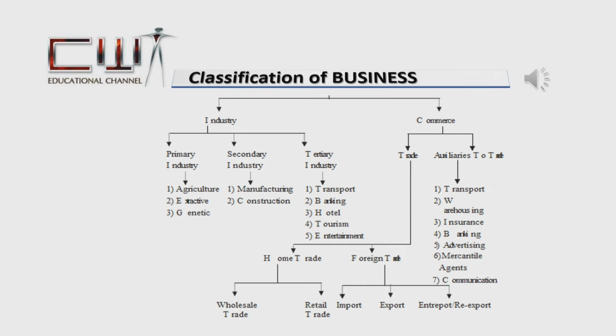The term industry also means a group of firms producing similar or related goods. Sugar industry refers to all manufacturing units producing sugar from sugarcane. Similarly, electronic industry would include all firms producing electronic goods. It also creates services like banking, hotel, insurance, tourism, etc. Industry creates form utility.